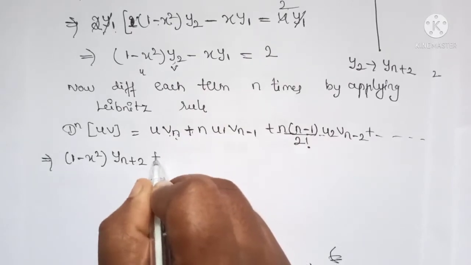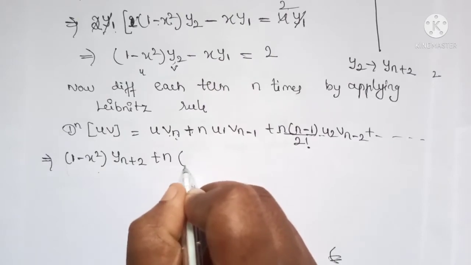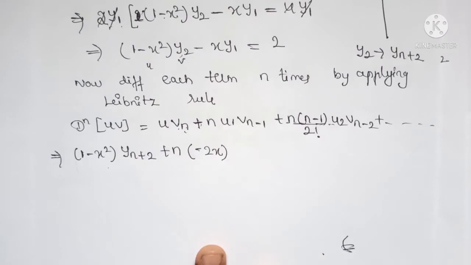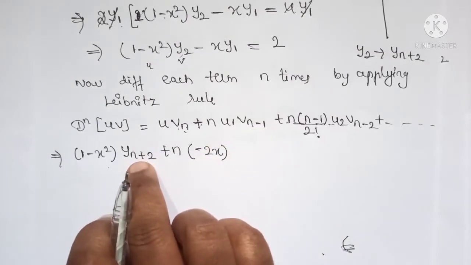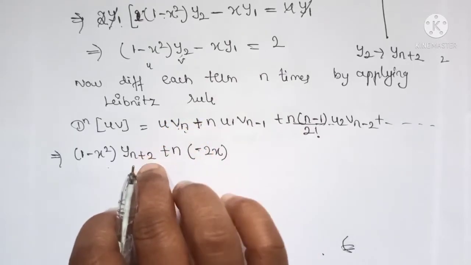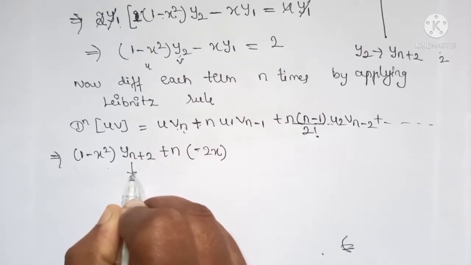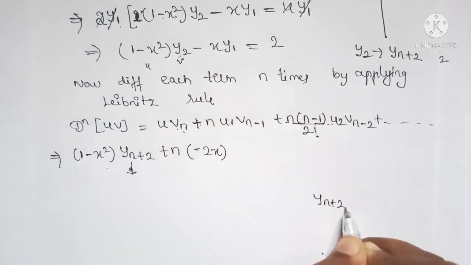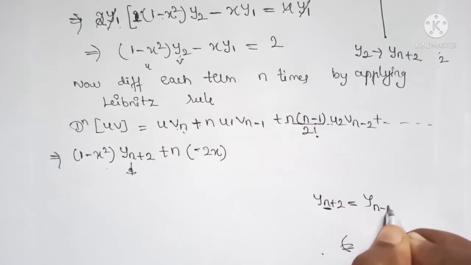Next, plus n as it is, differentiation of this u, differentiation of 1 minus x square is minus 2x. Next, v_{n-1}. So that means in this we replace n by n minus 1 in the nth derivative of v. On replacing this n by n minus 1, we get n minus 1 plus 2.